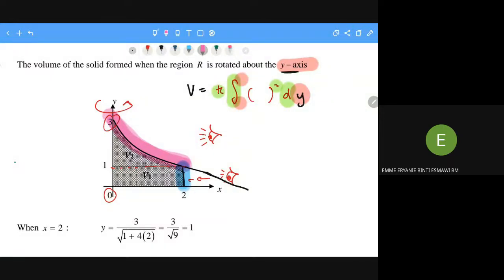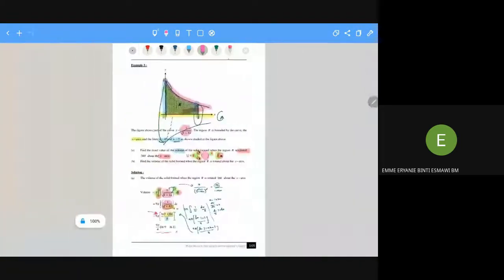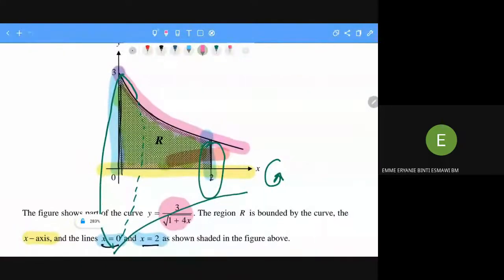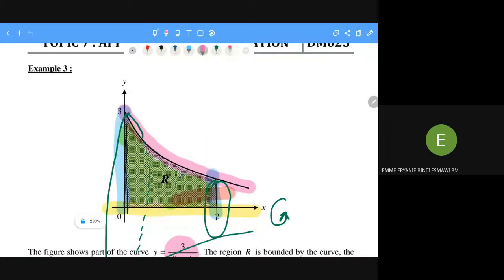Okay, so disebabkan itu we have to divide this equation of volume into two equations. Okay, so tadi tu, apa kita buat sekali je. Sebab if you can see here, we put our eyes dekat part X daripada atas ni. From the value 0 until 2 ni, memang there's only one function.